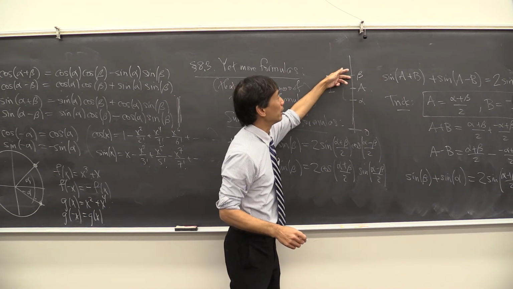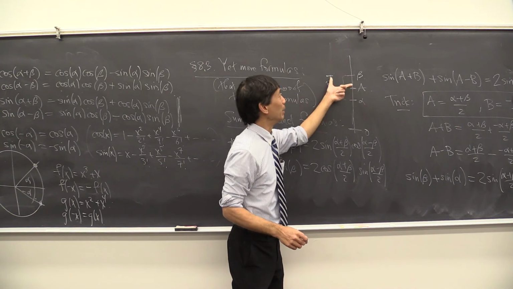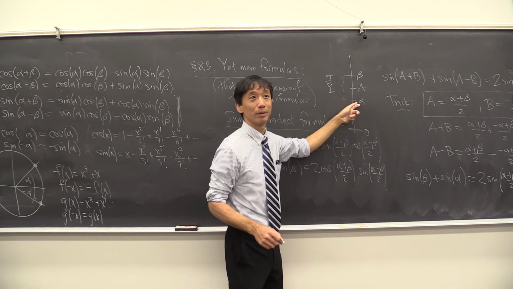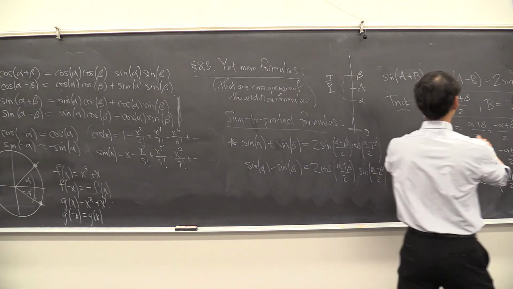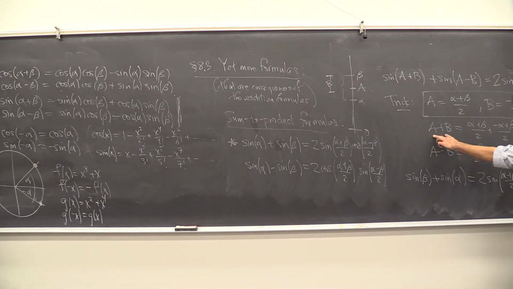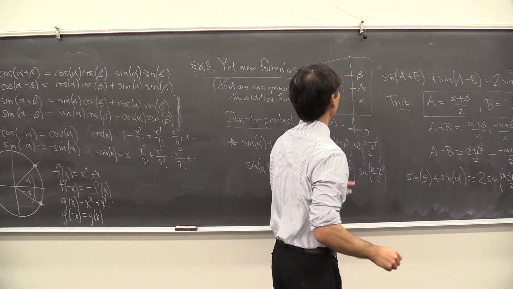Then A plus b is going to be beta, A minus b is going to be alpha, right? That's what's going on here.